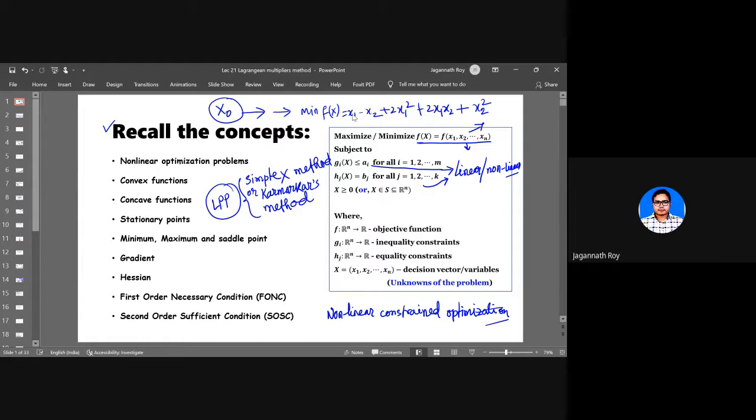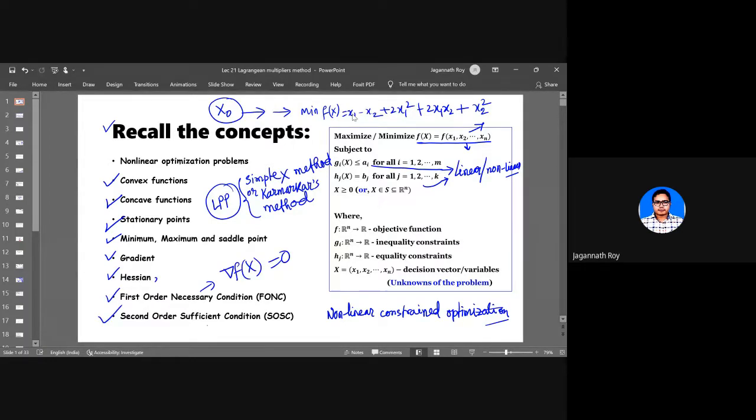For that we have to use some concepts of convex functions, concave functions, stationary points, maximum, minimum, saddle point, then gradient and Hessian, and also the bordered Hessian matrix. Some we'll define eventually. Then the first order necessary condition, gradient of f of x equals 0.